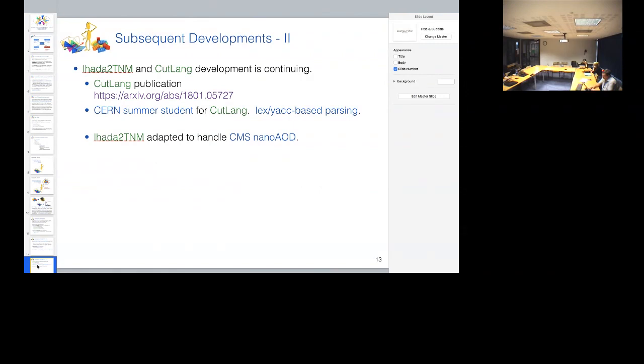Other developments that occurred was adapting one of these tools, the so-called ADL to TNM, to handle the CMS nano AODs. And again, this is something that's happening to the other tools as well.